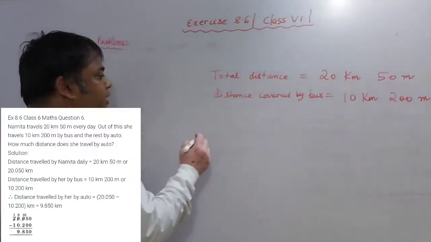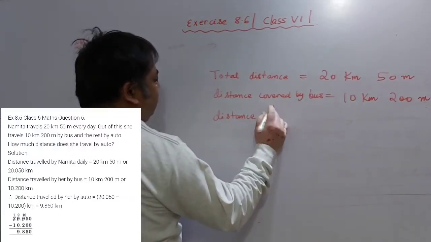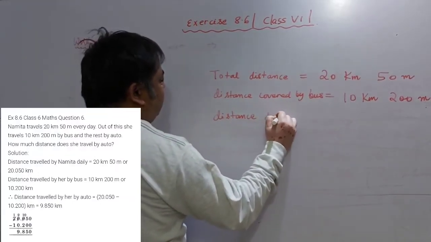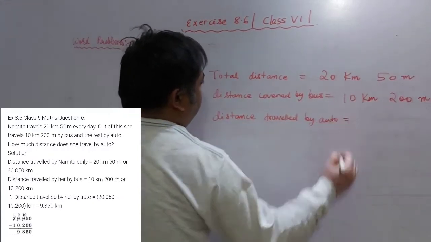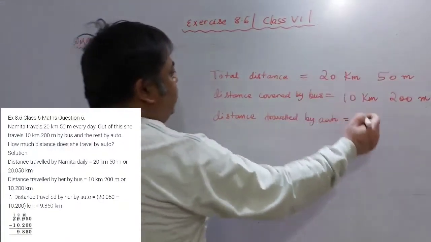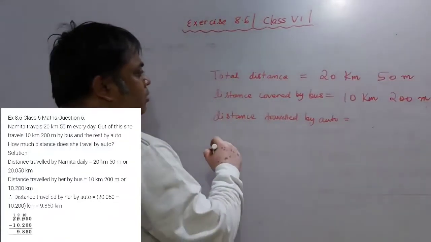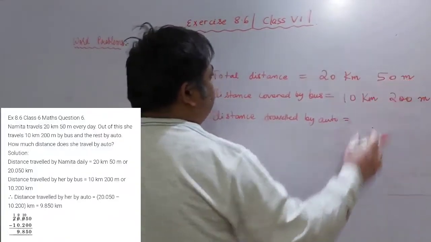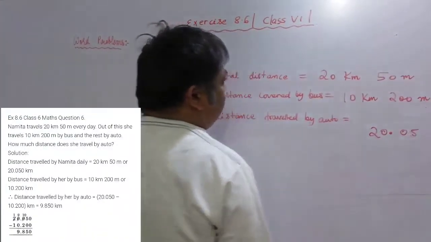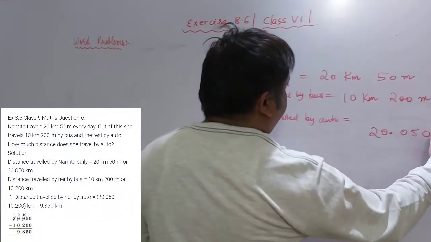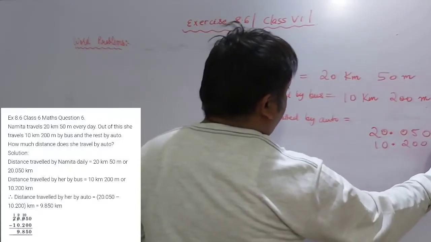Rest of the distance it travels by auto. So distance traveled by auto is equal to, this we will subtract. So we can divide each of this by 1000. So this will become 20.050 kilometer, and this will become 10.200 kilometer.